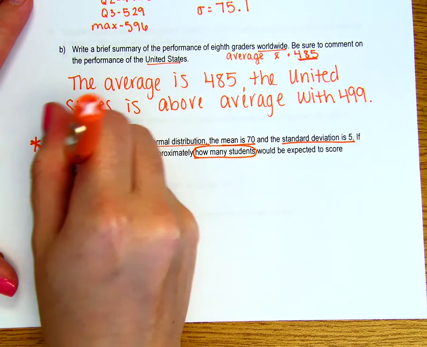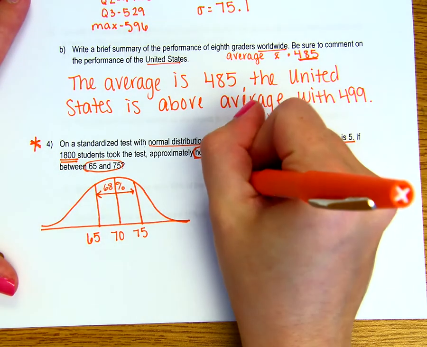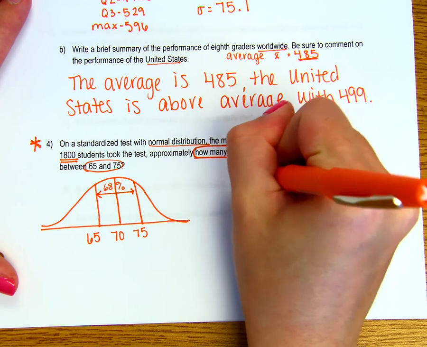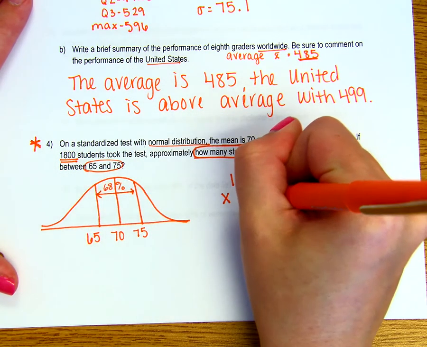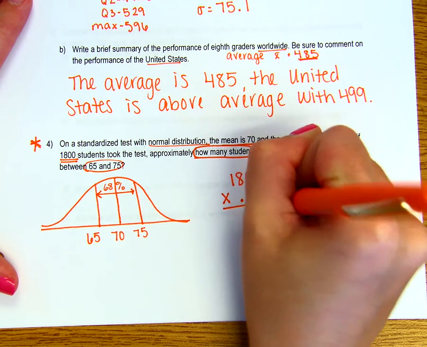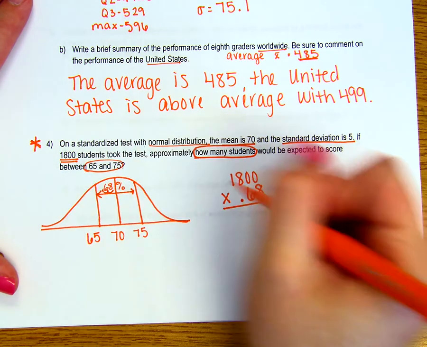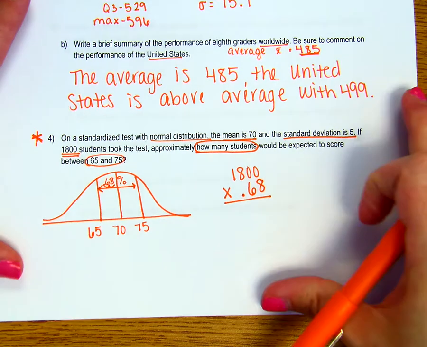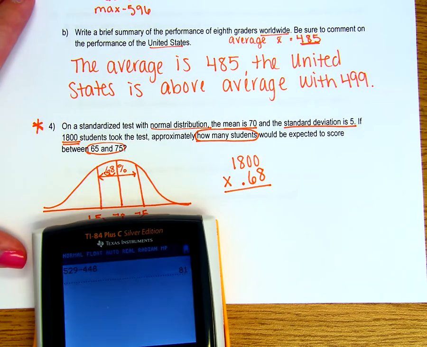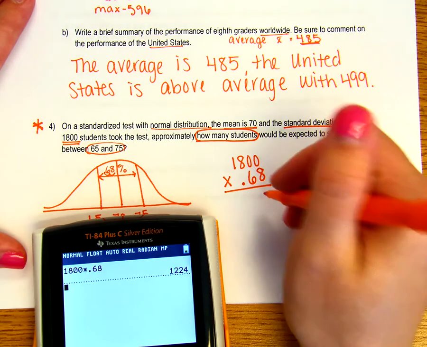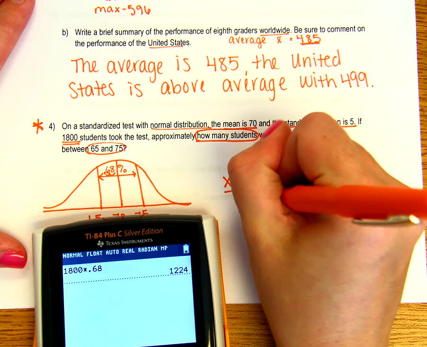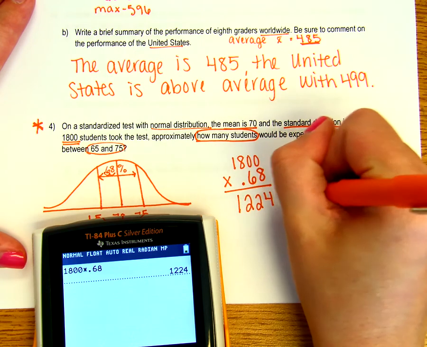Well, there are 1,800 students altogether, so we're going to take the 1,800 and multiply it by 68%. Remember, we have to make it a decimal, so we move the decimal 2 places to the left and it turns it into 0.68. So I multiply this together. And that gives me 1,224 students.